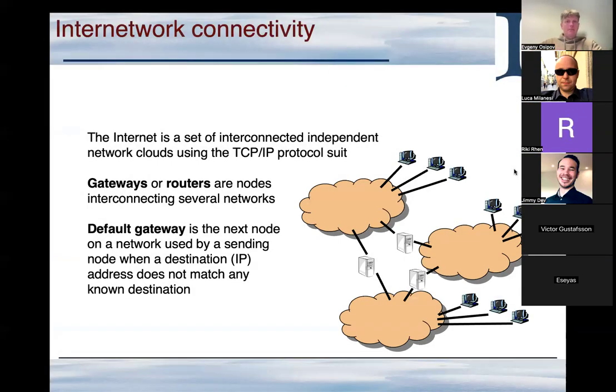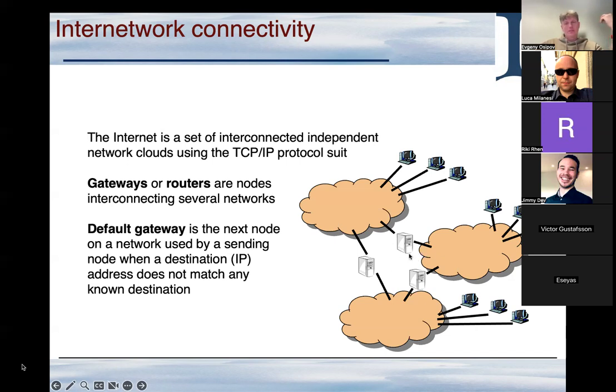So, inter-network connectivity. We want to organize communication between different devices, and for this we need to introduce some special equipment with special functionality. In the context of the internet, the important pieces of equipment are routers or gateways.